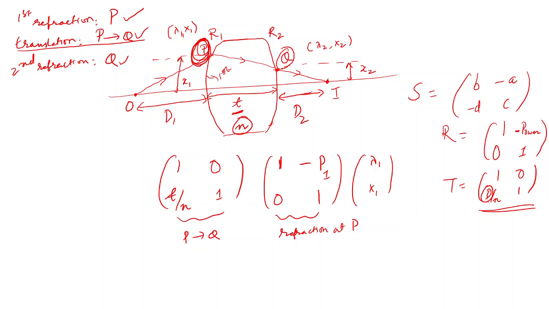And then finally I have another refraction at point Q. So that's going to be 1 minus P2, that is the power for the second refracting surface, 0, 1, right?